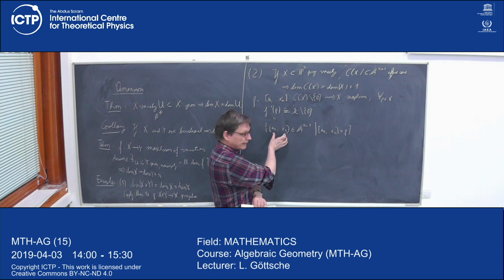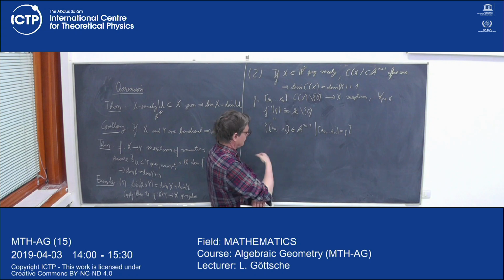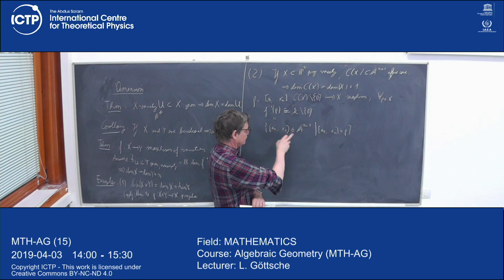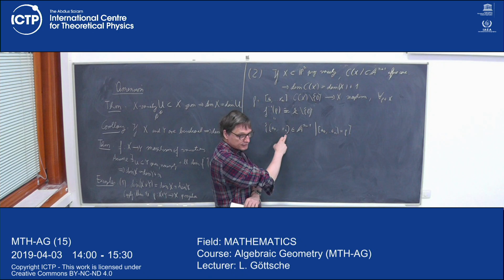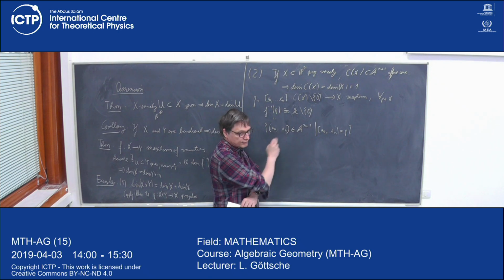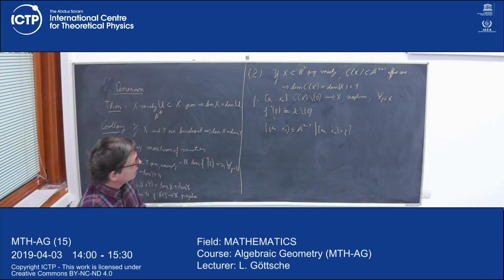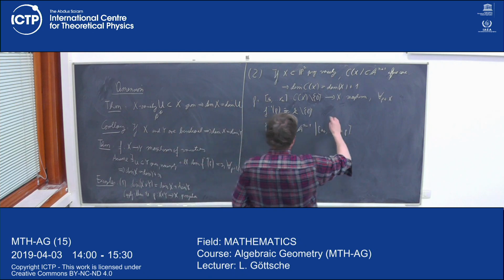If I choose any representative a0 to n, we have a map from this to this by just taking all the multiples by elements in K star of the one representative. So this is isomorphic, and this obviously has dimension 1.